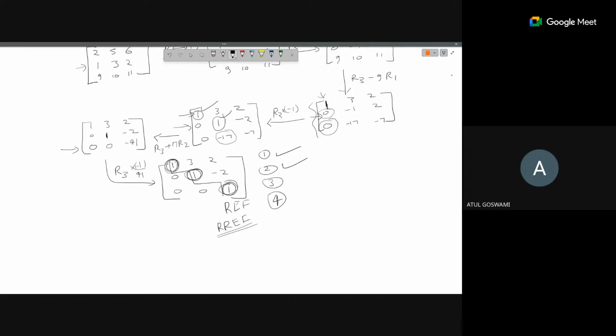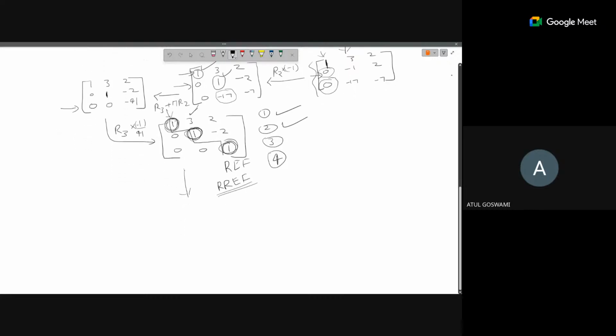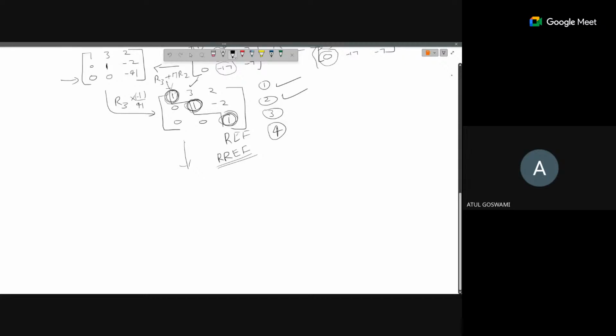So the first column is satisfying that, and in the second column, this is non-zero. This is the leading entry in the second column, and this is not the leading entry, and it is non-zero, but it should be zero. So for that, we further apply the operation so that this is also zero. What should we do?